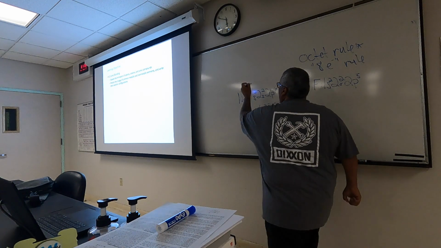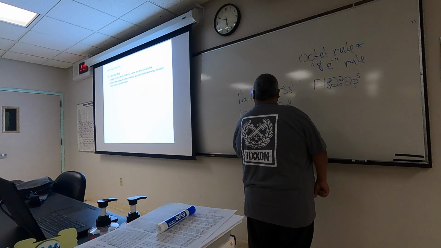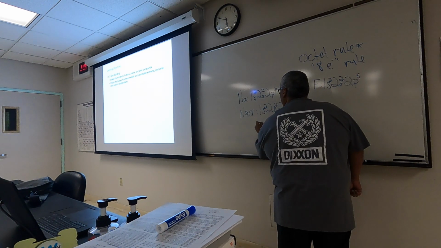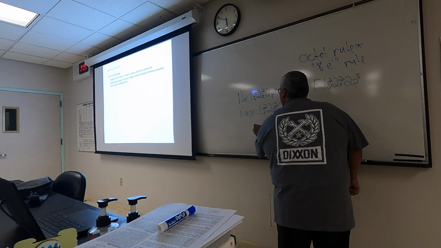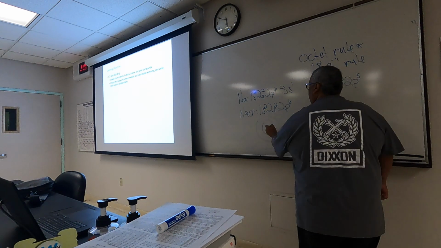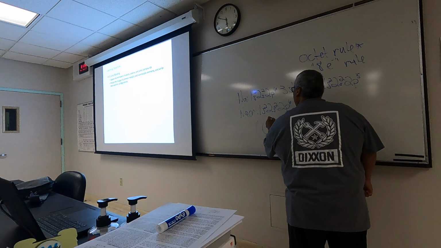So if we were to look at neon here, this is our nucleus for neon, our protons and neutrons. Then we have this first energy level, then we have this other energy level. So this being energy level 1, this being energy level 2.